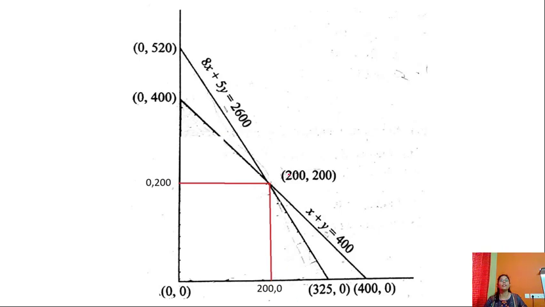Here there is an intersection of the two straight lines and we get a point here. We draw a line parallel to the y-axis and another parallel to the x-axis, and if we measure the point we get x = 200 and y = 200.